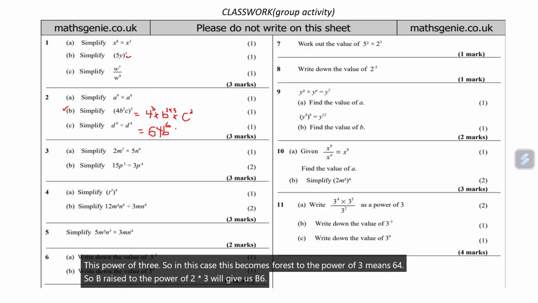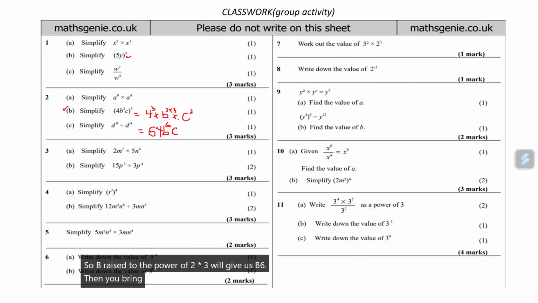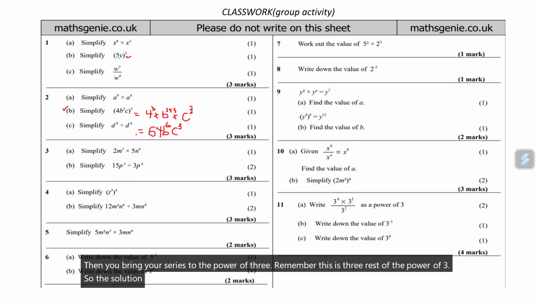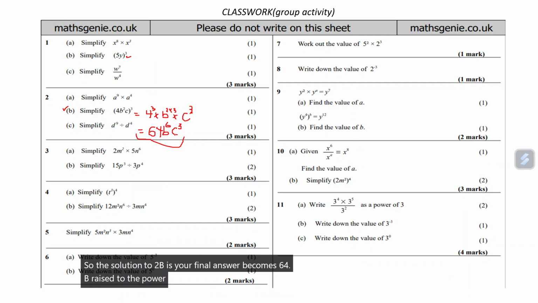Then you bring your c raised to the power of 3. So the solution to 2b, your final answer, becomes 64b raised to the power of 6, c raised to the power of 3. So I believe this is the complex one.